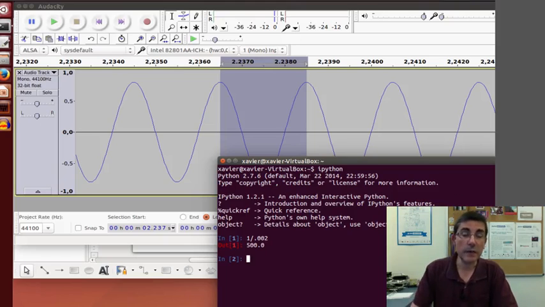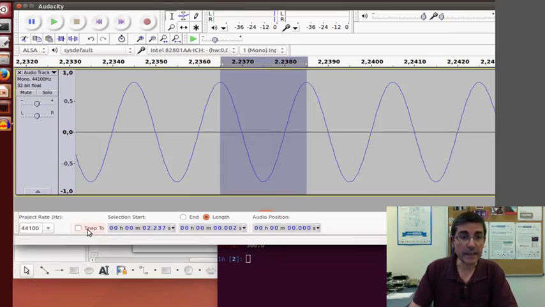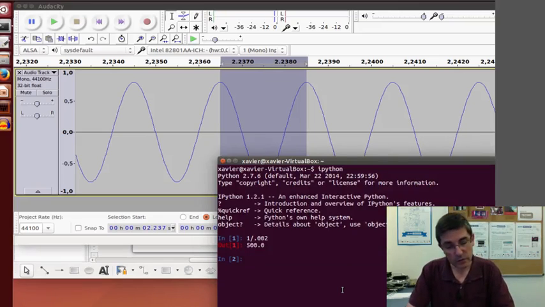Okay. Another thing we might want to check is, okay, this period has a series of samples. So how many samples does one period of this sinusoid have? Well, in order to compute that, what we should do is start with the sampling rate. The sampling rate is 44,100, and multiply it by the duration of this period.